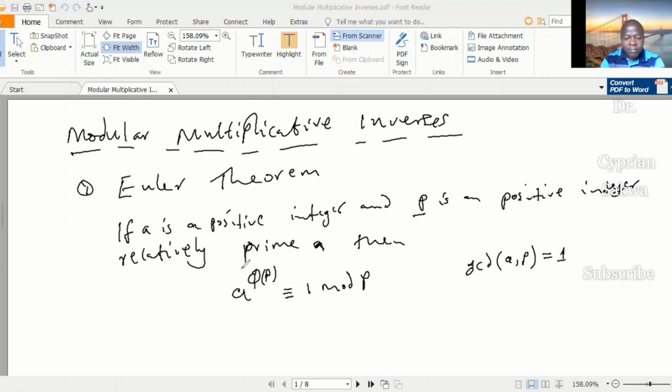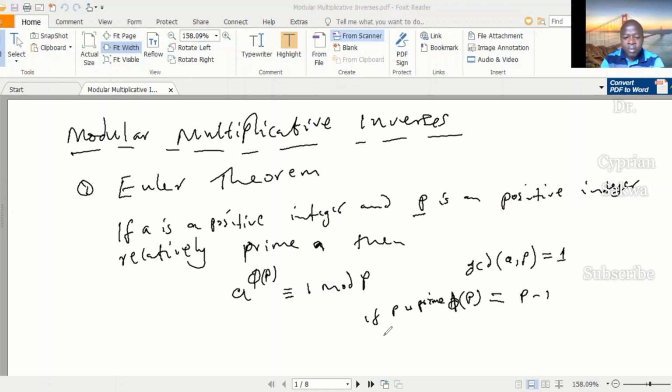Now, I do not want to go into how to find the Euler phi of p, because I believe you already know how you get it. If p is prime, then the Euler phi of p will be given by p minus 1.